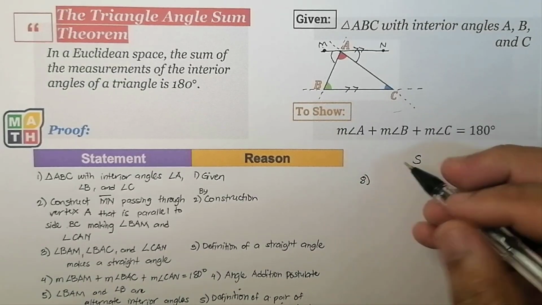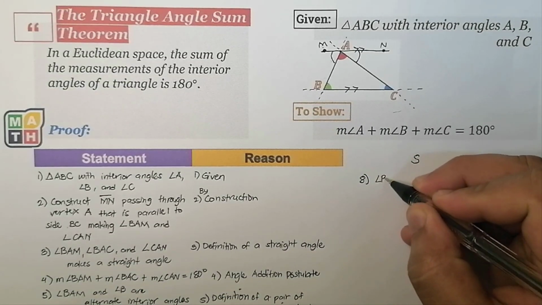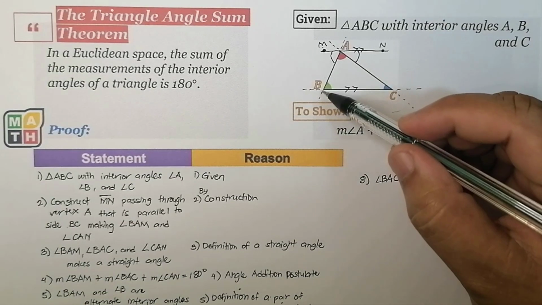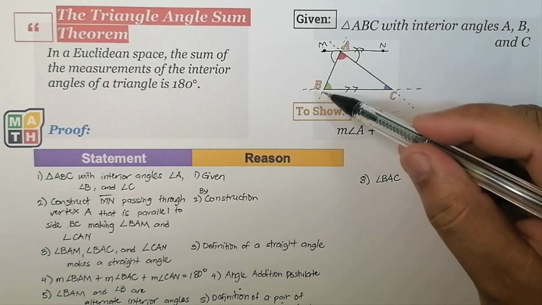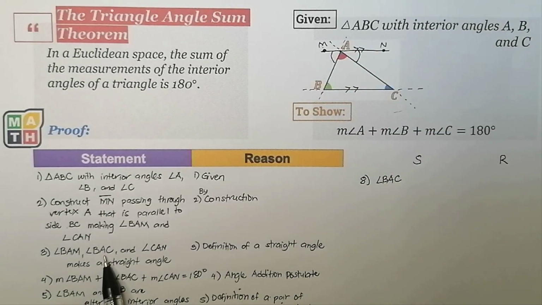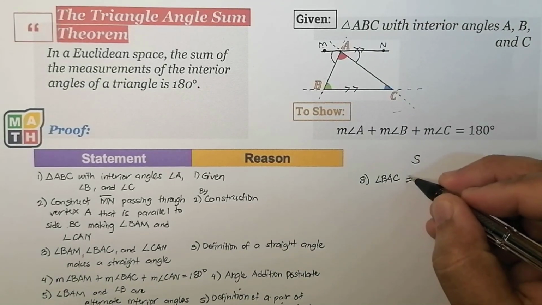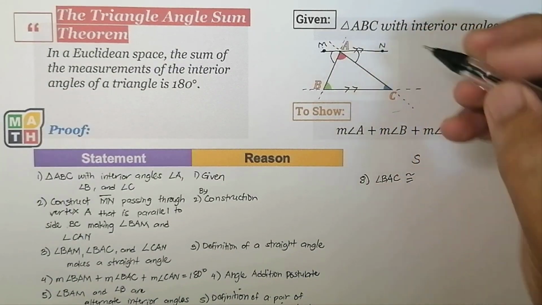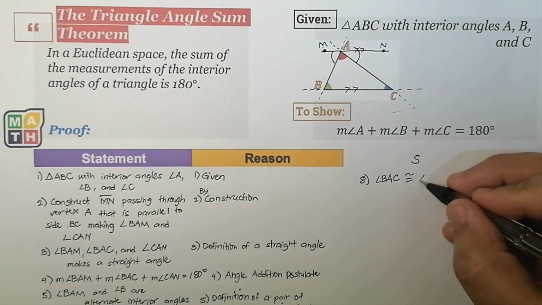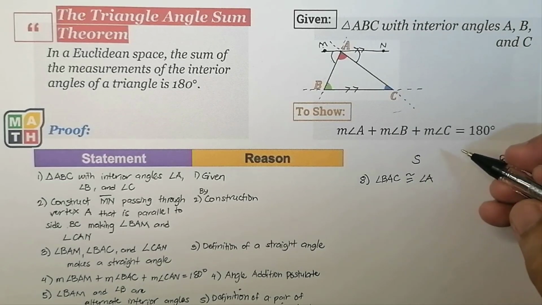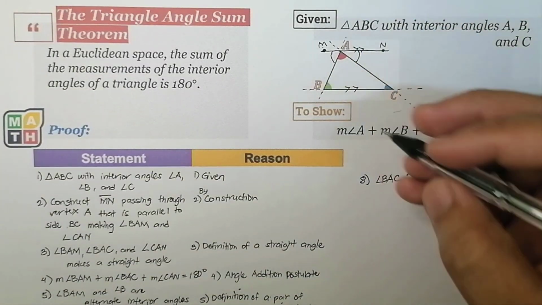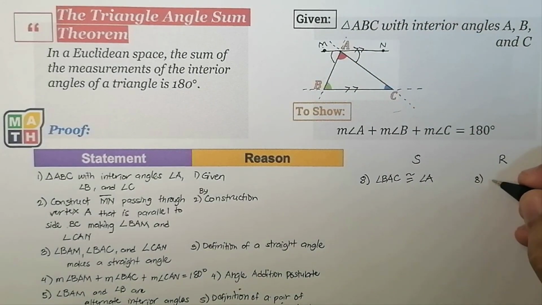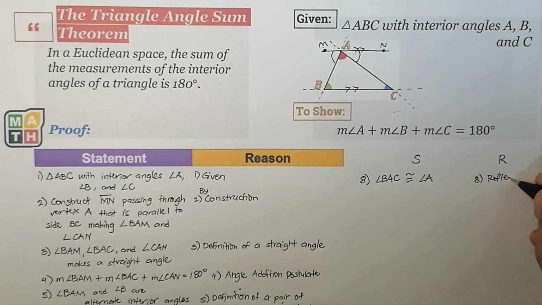We could state here that angle BAC, or CAB if you want, this angle here in statements number 3 and number 4, is actually congruent to the original angle A. Again, this is talking about the original angle A. This is by reflexive property.